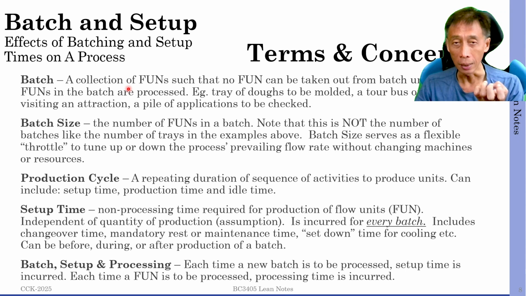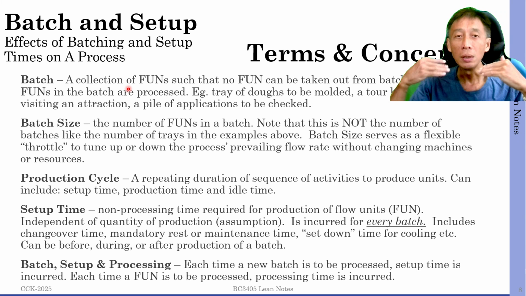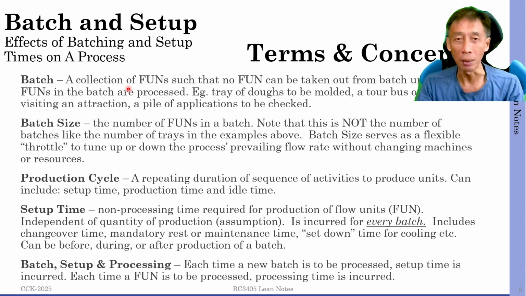Earlier on, we have been just thinking in a very straightforward, simplistic manner. The machine will mold one dough at a time. The baking machine will bake one dough at a time. The packaging machine will take one baked dough, almost a bread, and package it, one bread at a time. In a batch scenario, we will have a tray of 4 breads, 4 doughs.